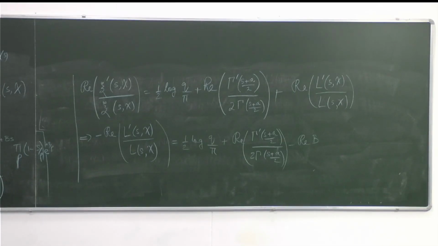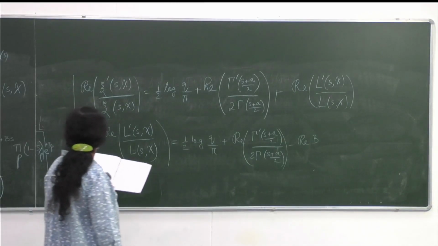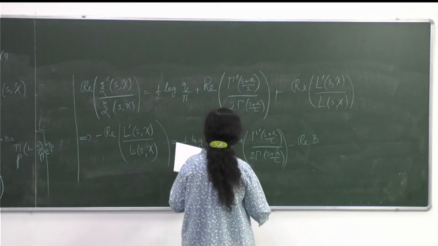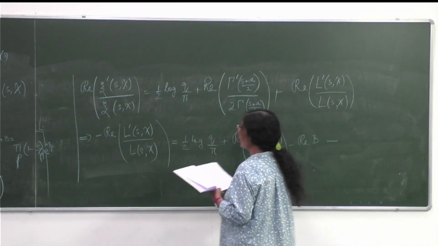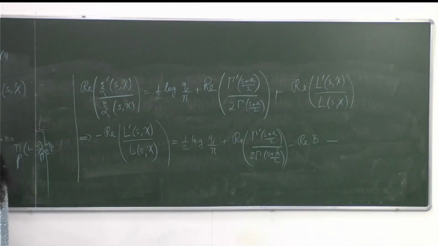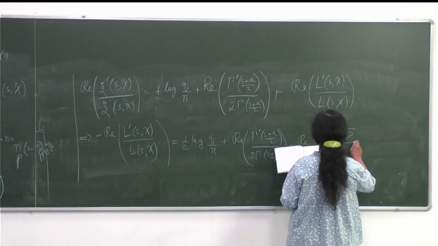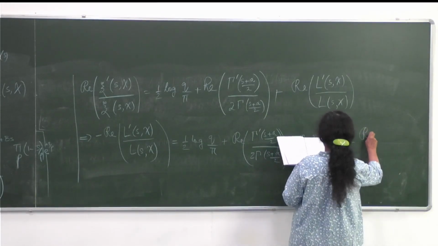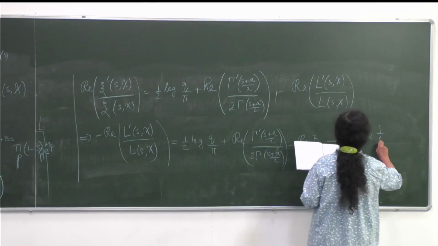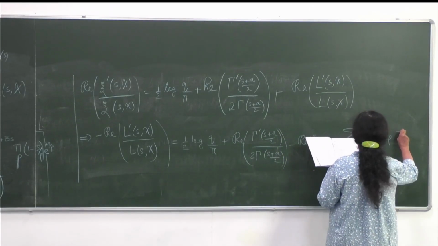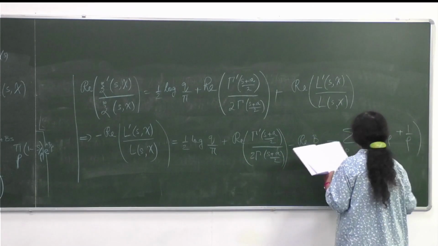Minus what I had here, the sum over rho of the real part of 1 upon s minus rho plus 1 by rho.